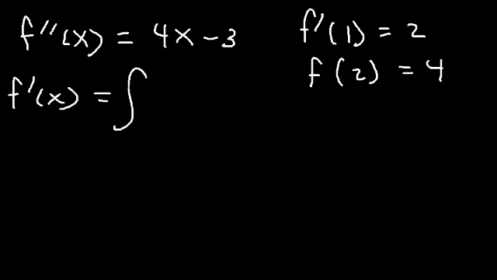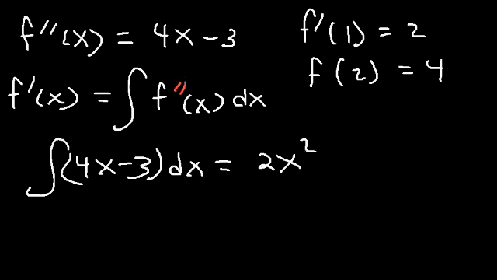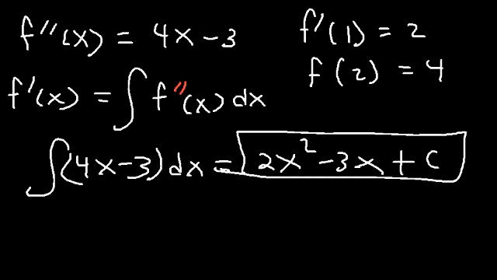F prime of x is the integral of f double prime. So the antiderivative of 4x minus 3 dx is 4x squared divided by 2, which is 2x squared, minus 3x plus c. So this is the function f prime of x, which means we need to use the point 1, 2 to find the value of c.